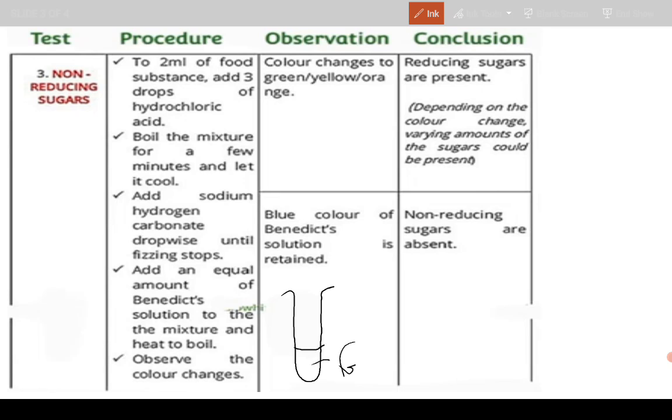Suppose this is the food. You add to this 3 drops of HCl.